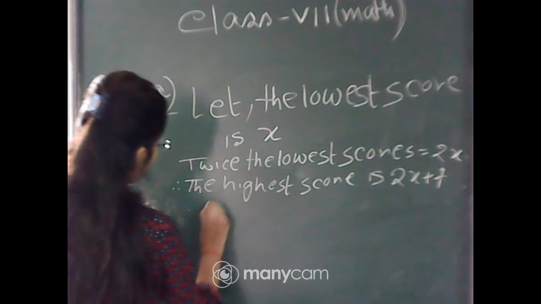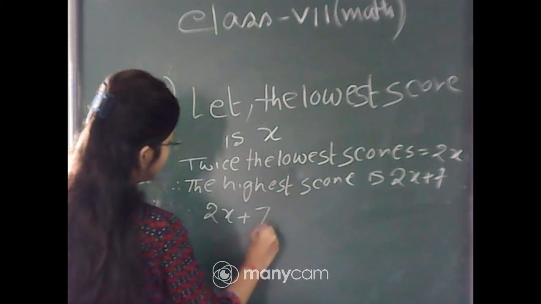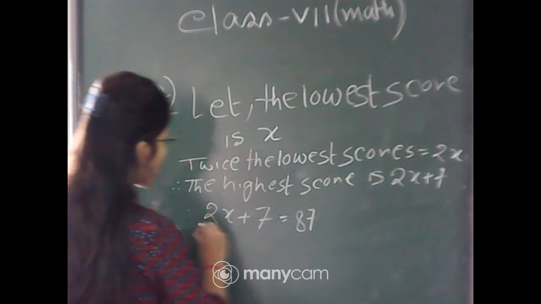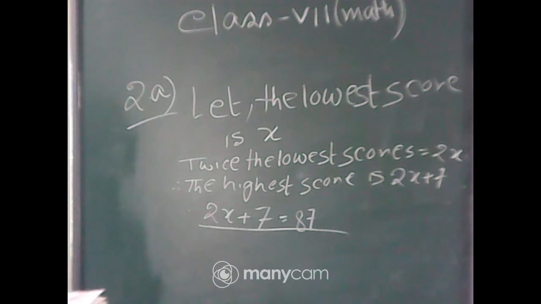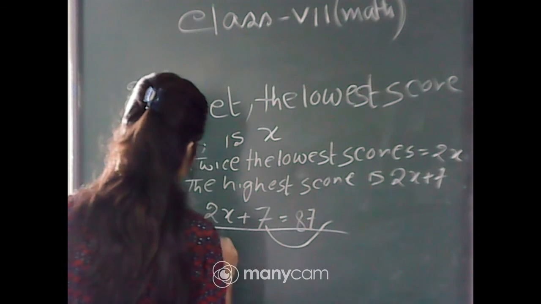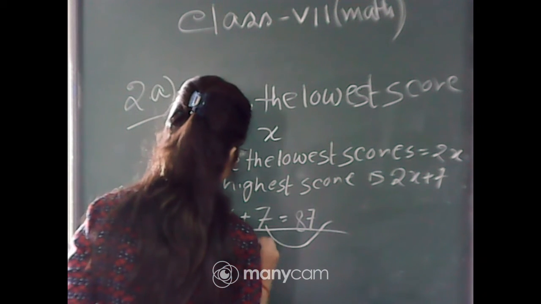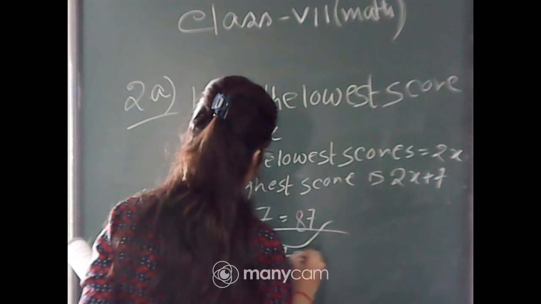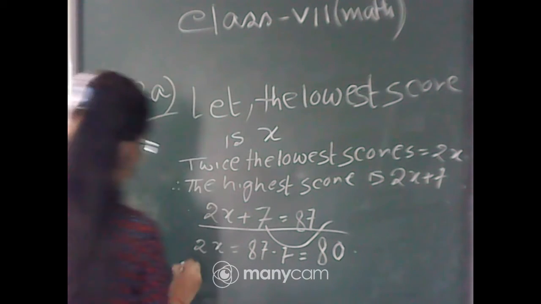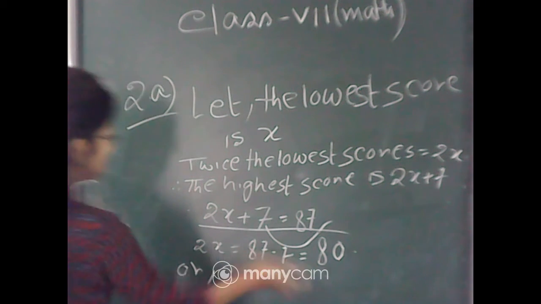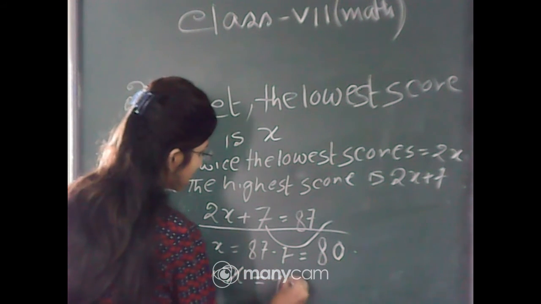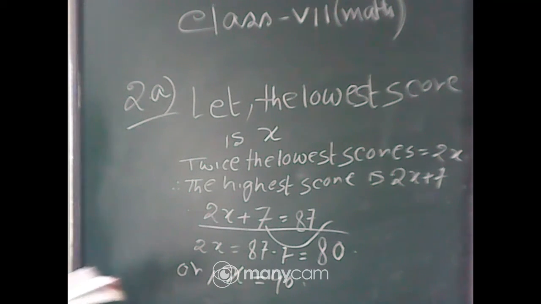Therefore, 2x plus 7 is equal to 87. Now we solve this equation. To solve this equation, we first transpose 7 to the right hand side and we get 2x is equal to 87 minus 7, that is equal to 80. Now we divide both sides by 2 and we get x equal to 40. Therefore, the lowest score is 40.